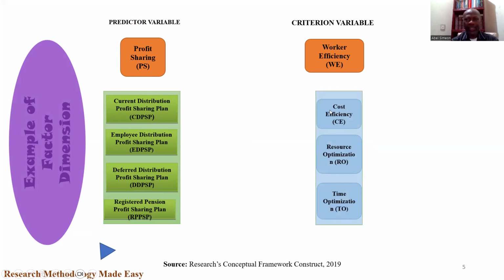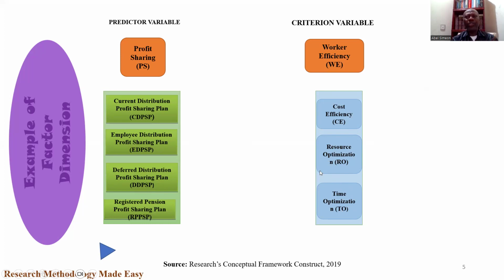Beside it is the criterion variable, which is the dependent variable, worker efficiency. Under worker efficiency, we have cost efficiency, resource optimization, time, cost and effort. And if you don't have anything under these dimensions and measures, then they are factor dimensions. That's what I mean by factor.